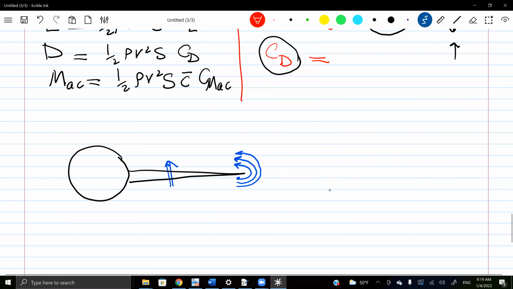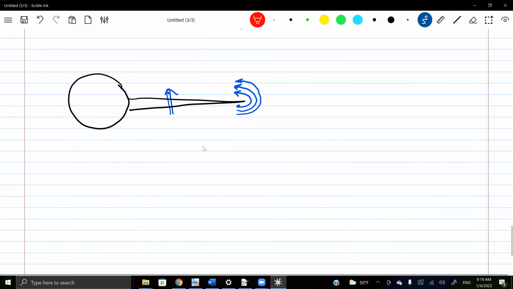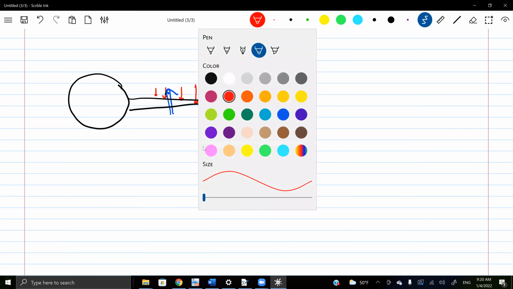This tip vortex induces a flow field, like a very large downward wind or downward velocity for the air in the nearby stations. It gets smaller and smaller as you go away from the tip; its effect diminishes as we go toward the root. Okay, what are the consequences?